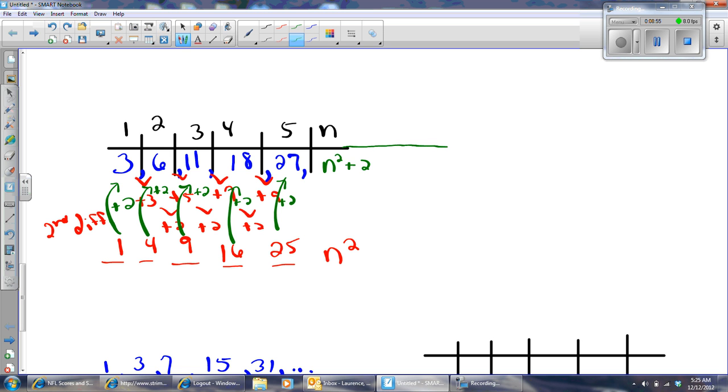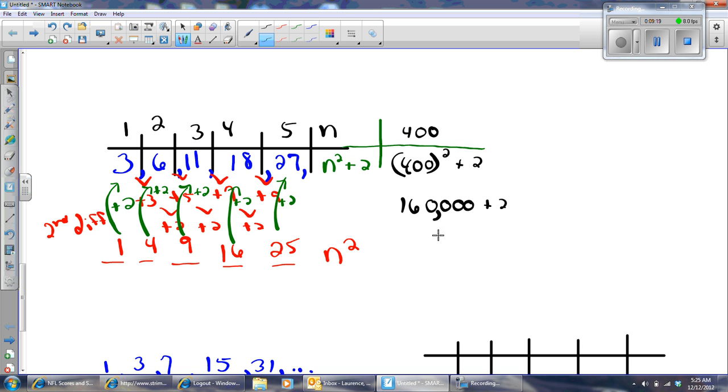And again, I could ask for any term now. Let's say this time I want the 400th term. Well, I've got to do 400 to the second power plus 2. 4 times 4 is 16, and there's going to be 4 zeros following that, plus 2.